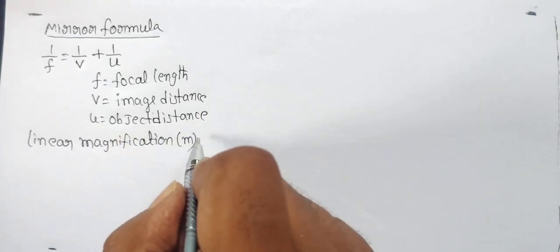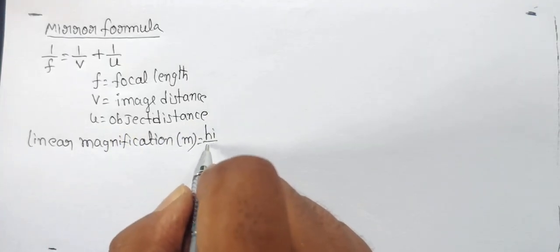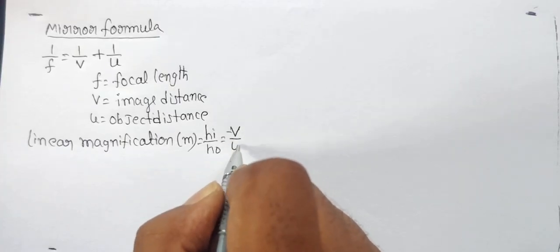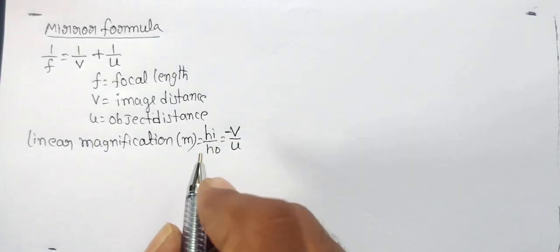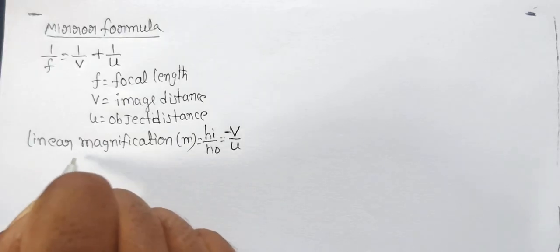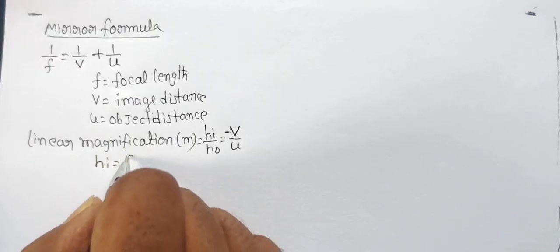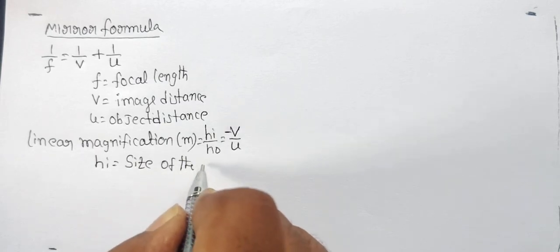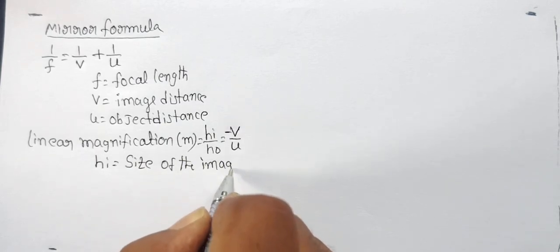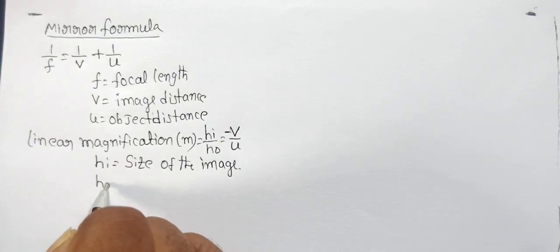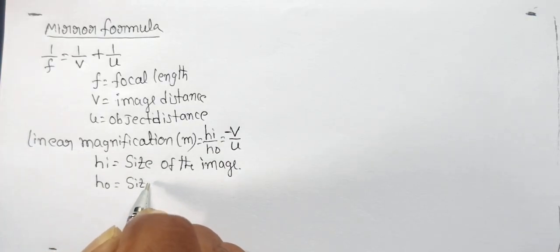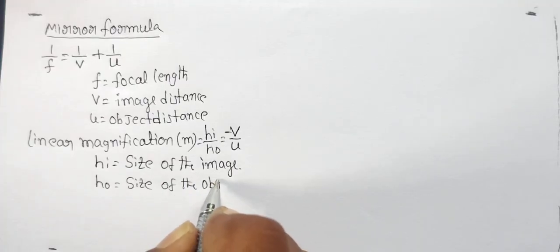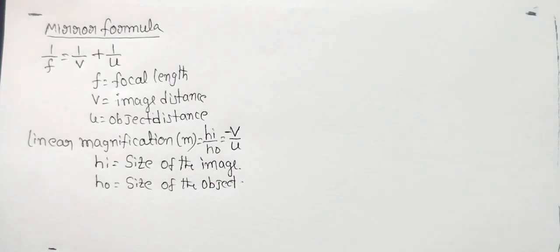M is equal to Hi by Ho is equal to minus V by U. Here Hi means size of the image, Ho means size of the object. Height also we can call, no problem.